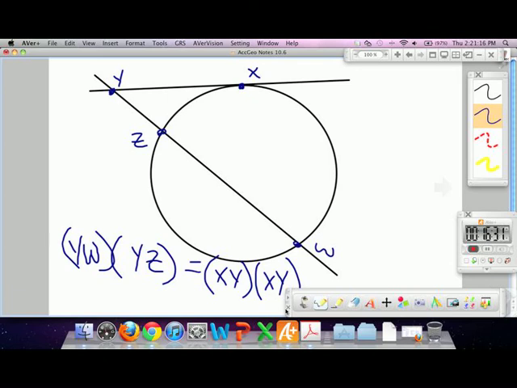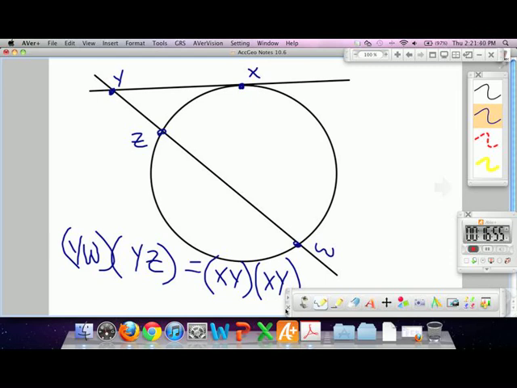I would just take XY squared should be equal to whatever this is squared. So if I square root both sides, I get this piece is equal to this piece. The theorem holds for our already conception that if there are two tangents intersecting outside, they should be the same. The theorem actually fits that. That's a very good thing.